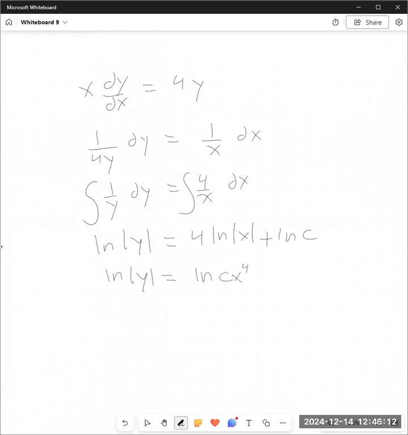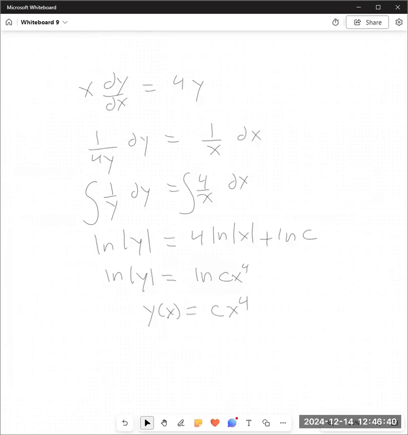And then by my one-to-one property, I can say y of x is equal to c x to the 4th. That's a very common technique that we're going to use in differential equations: to add ln of c instead of just generic old c, and to get that as a constant multiplier in our equation, to drop this ln out here to solve for the function by itself.